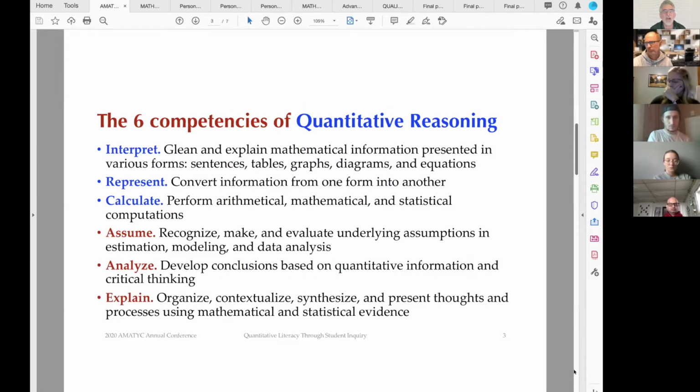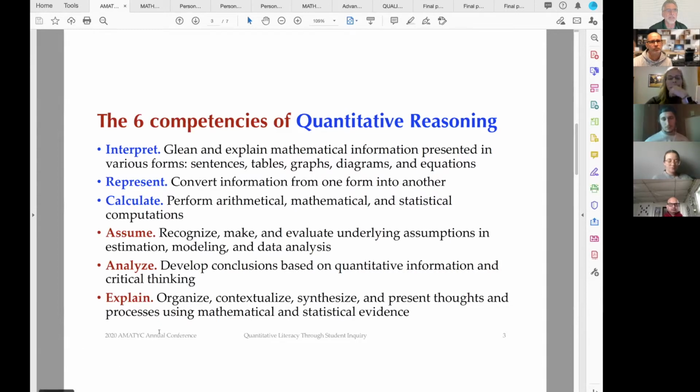The literature talks about 6 competencies. Linda Sun's Mathematical Association of America committee back in the 1990s started to develop this list of competencies, and this has grown. The American Association of Colleges and Universities list essentially these.